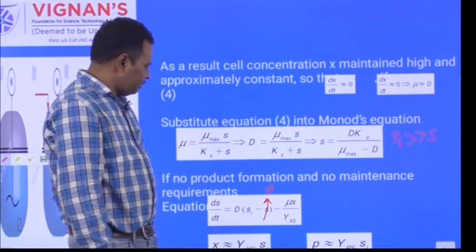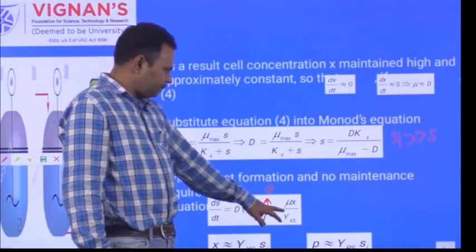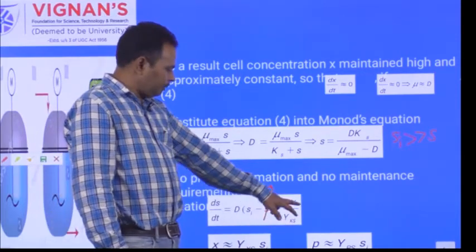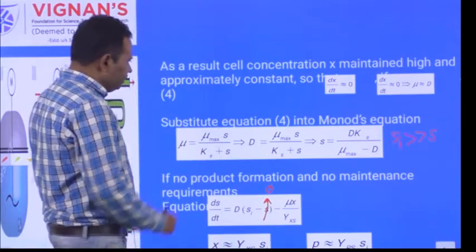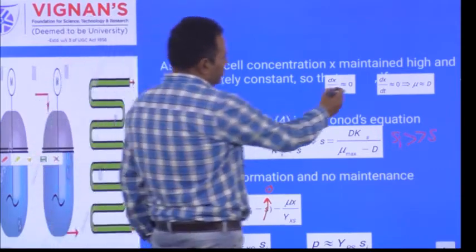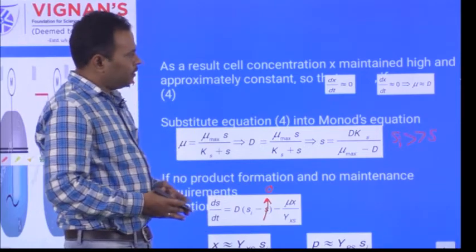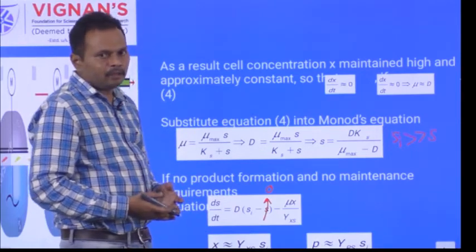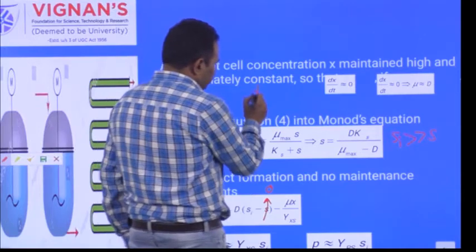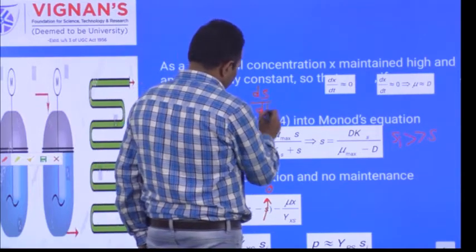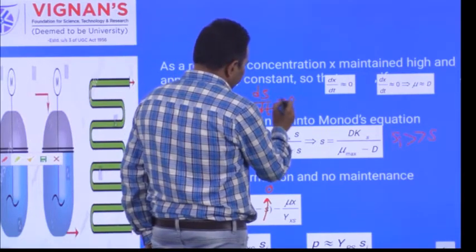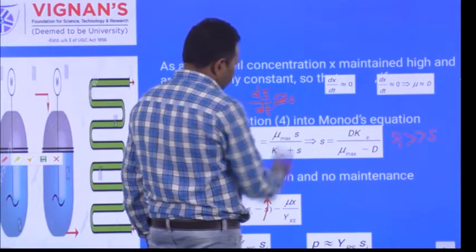That means S becomes 0, and also here Qp is 0 and also Ms equal to 0. But dS by dt is what? When dX by dt is approximately 0, the substrate concentration reaches the minimum value. For S minimum constant, the dS by dt is also approximately 0. dS by dt is approximately equal to 0.